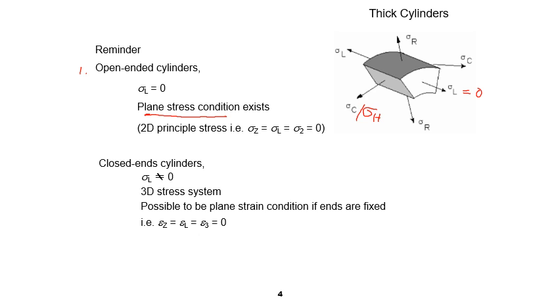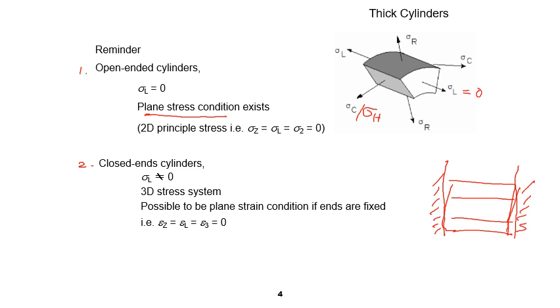For the second, closed ends, sigma L is not 0. So we have a 3D stress system. And it is possible to be plane strain, possible, not always, if the ends are fixed. So you have a thick cylinder, for example, and you have the ends here, they are fixed, and the ends here are fixed as well.